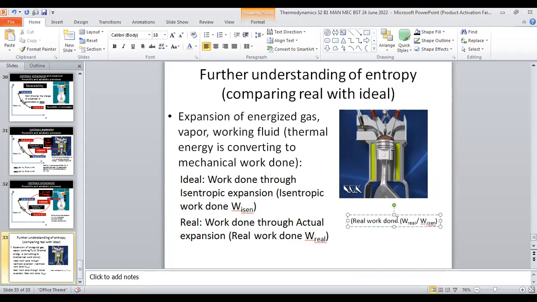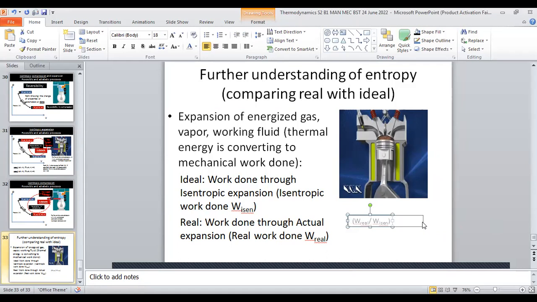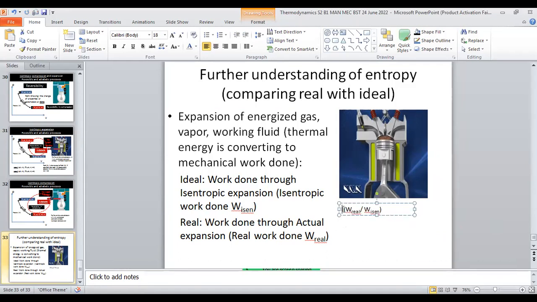So this is a kind of indication of how close this actual work is to the ideal work, the isentropic work we are expecting.